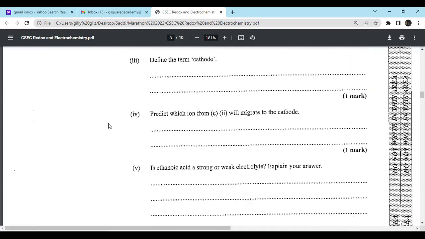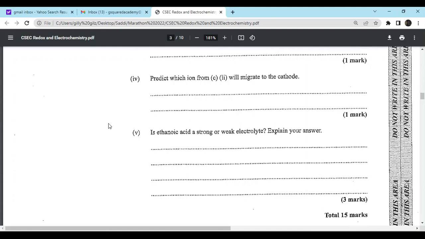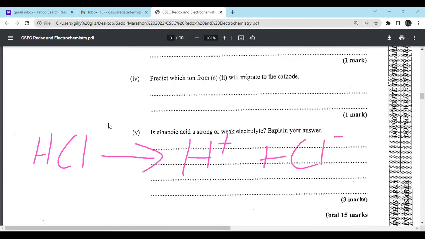Is ethanoic acid a strong or weak electrolyte? Explain your answer. Now, this question really is coming from acids, bases, and salts. I will explain this. I'll use hydrochloric acid. HCl may be ionized to give hydrogen ions and chloride ions.